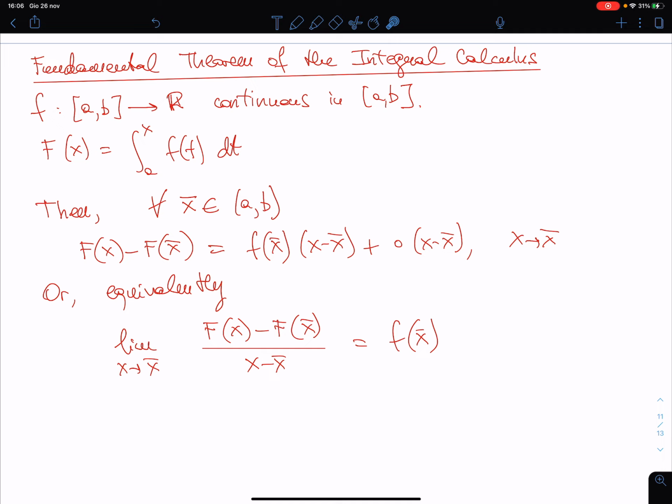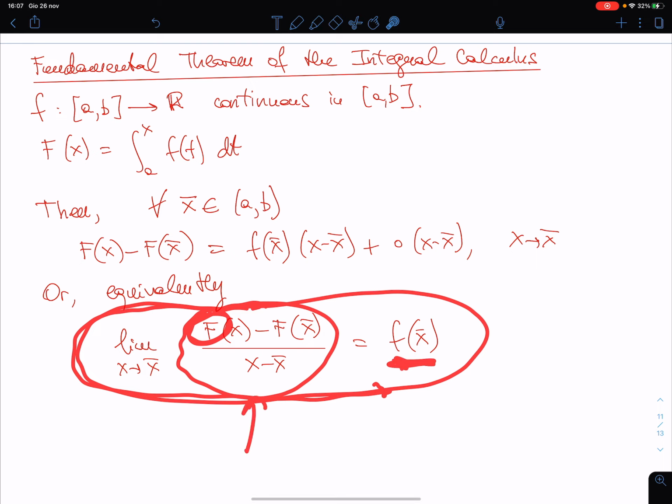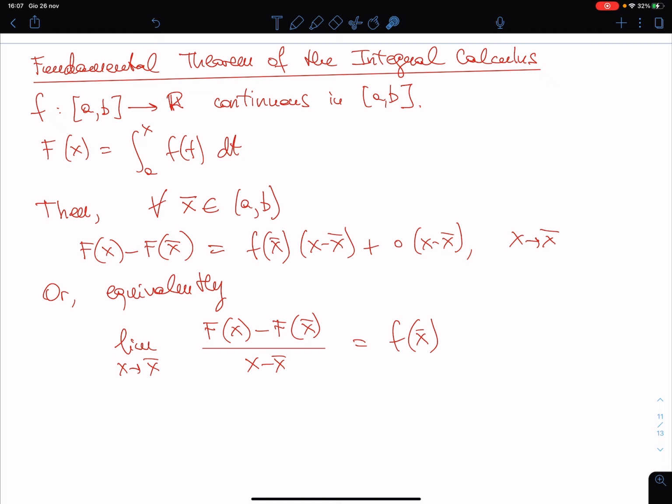But this theorem gives us a strange formula. It says that there is a link. And the link is that if we perform this limit on capital F, then we find small f. And notice that this is much simpler, because here we have something easy.